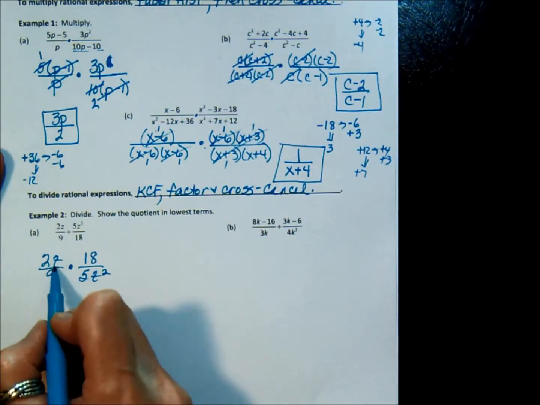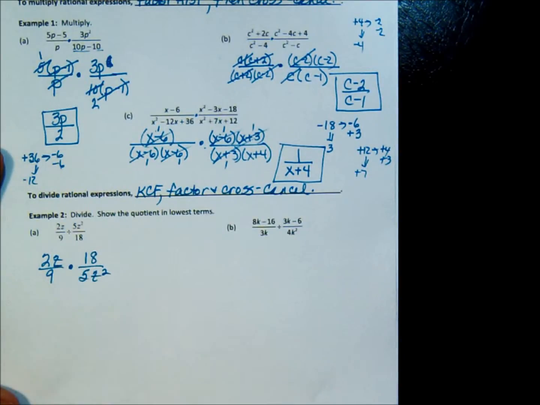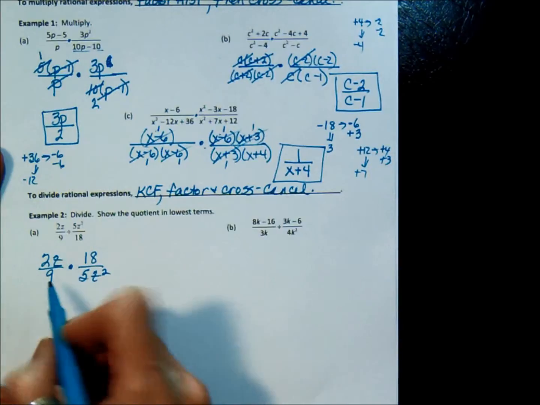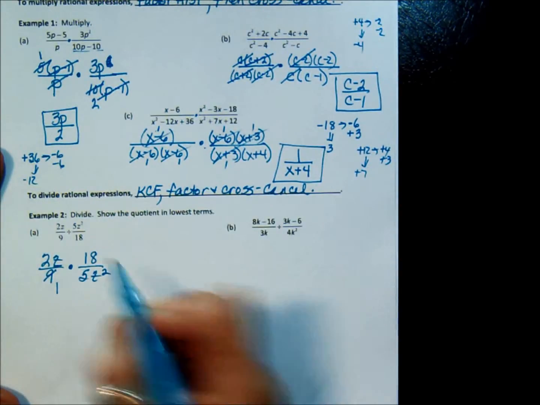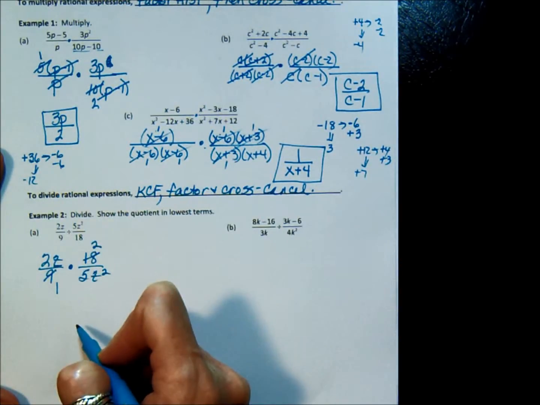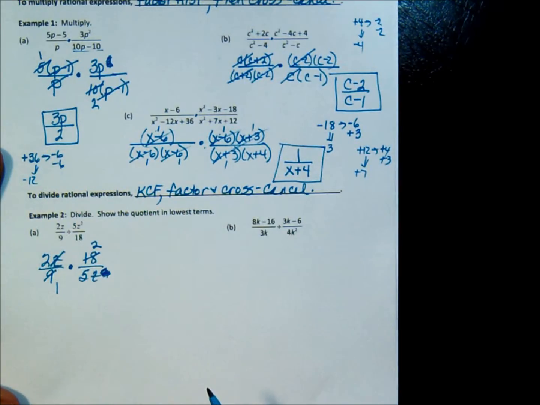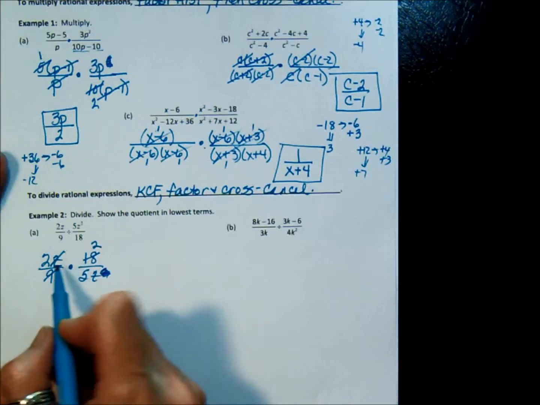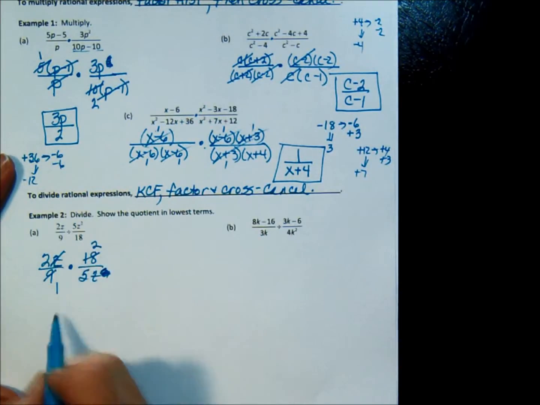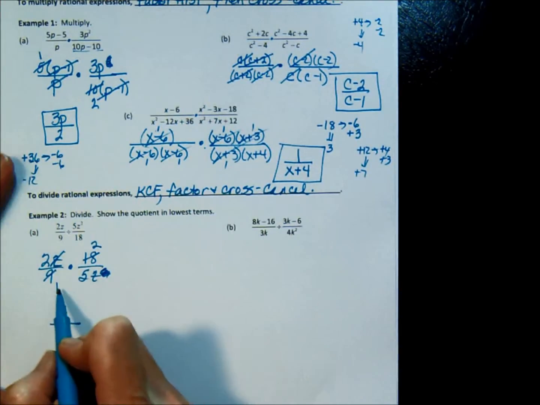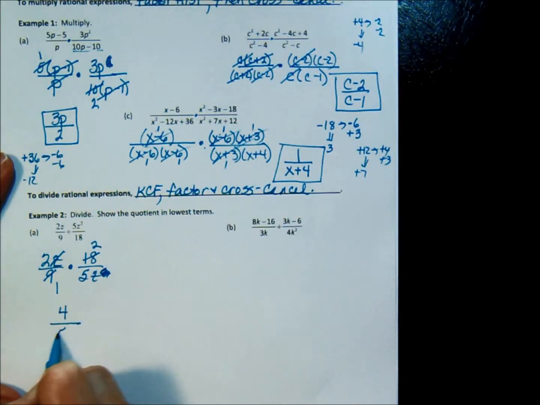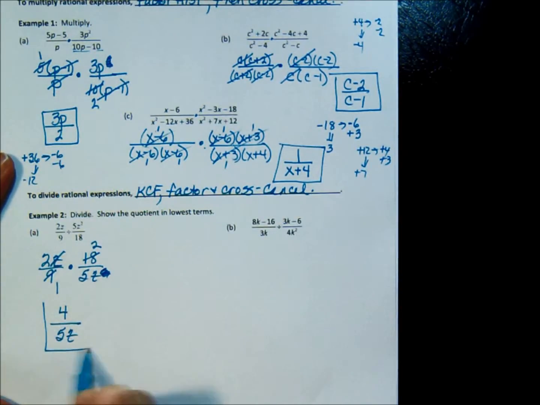Nothing needs factored here. It's all just monomials. So I can just go ahead and cross cancel. 9 goes into 9 once, goes into 18 twice. This z cross cancels one of those. And I think that's it. So in the numerator, we have 2 times 2 is 4. In the denominator, I have 1 times 5z is 5z.